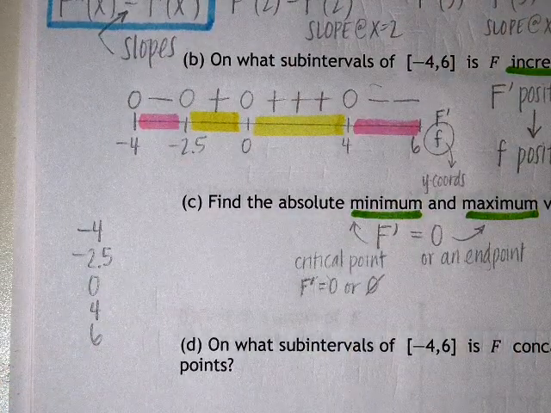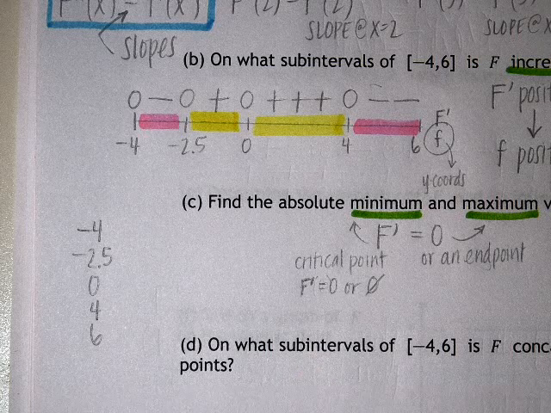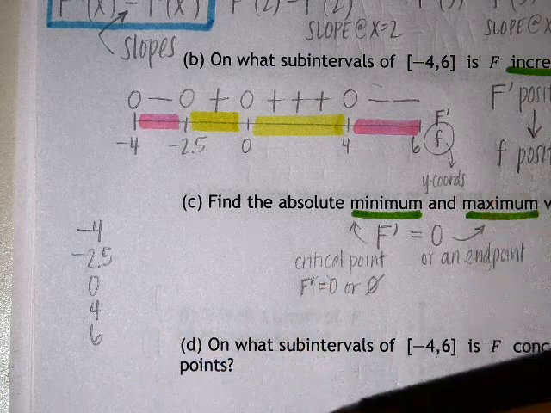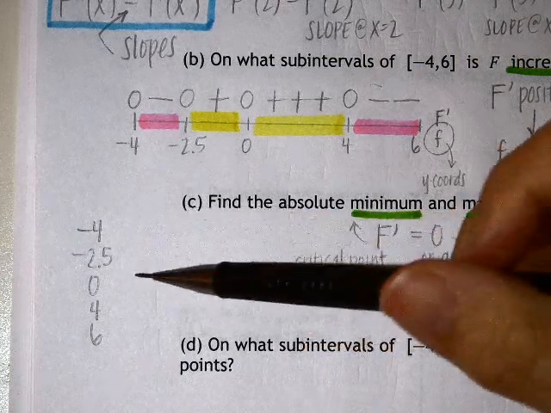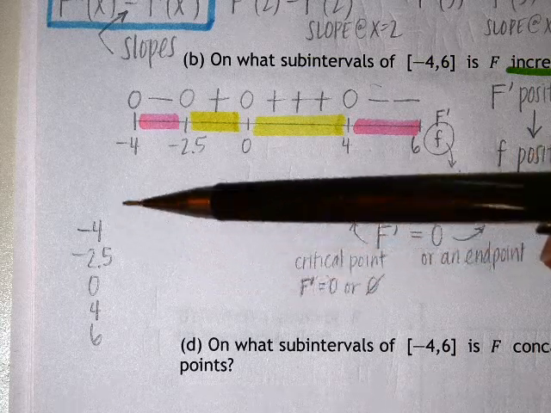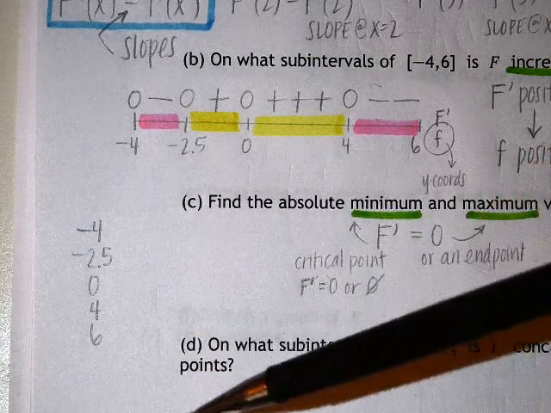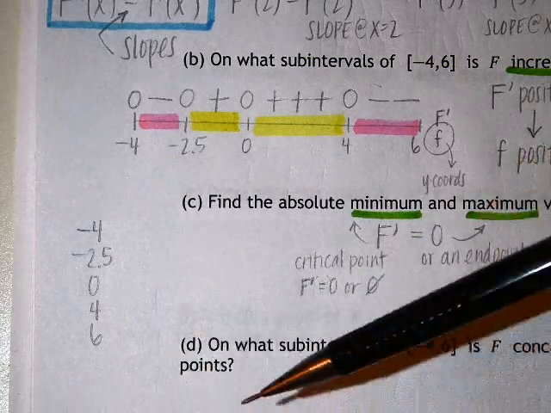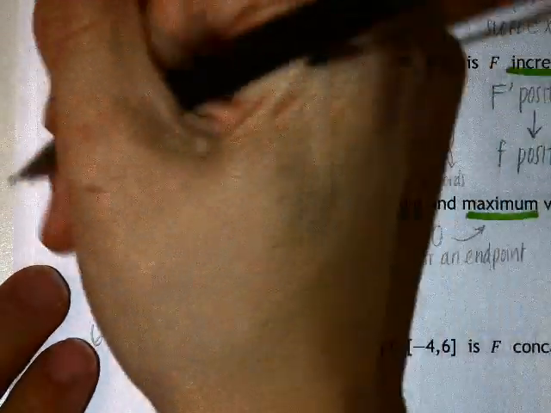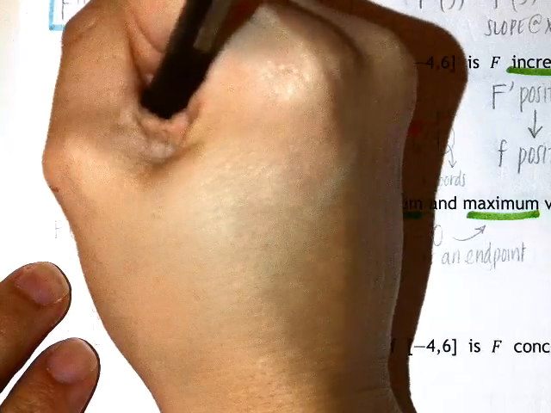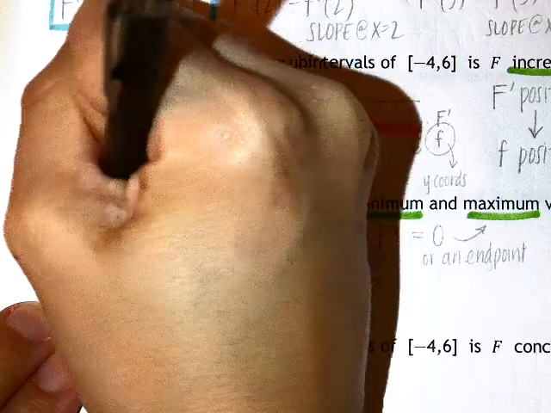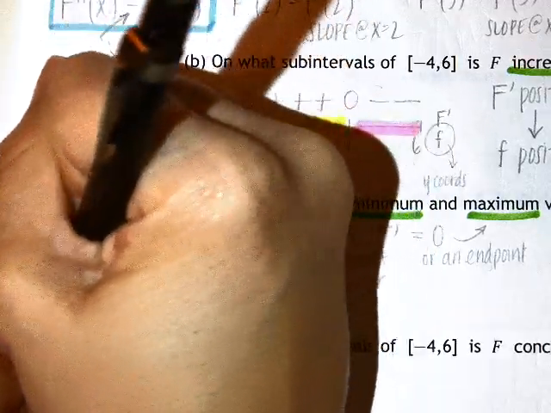Now, in theory, any of those is eligible to be a maximum or a minimum. Realistically, what we're going to have to do is test all of these to figure out which one truly has the biggest value of big F and the smallest value of big F. So in order to figure out if something is a min or a max, we actually have to do big F of each one in order to figure out this information.